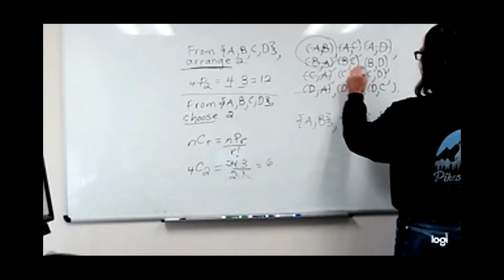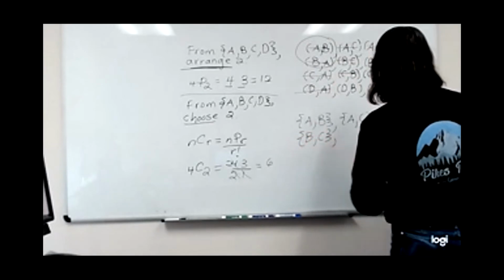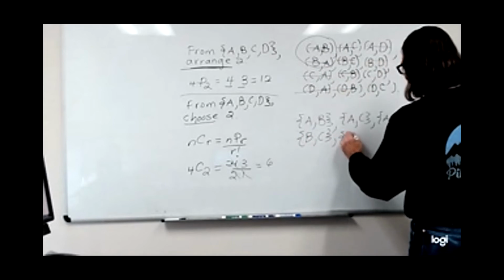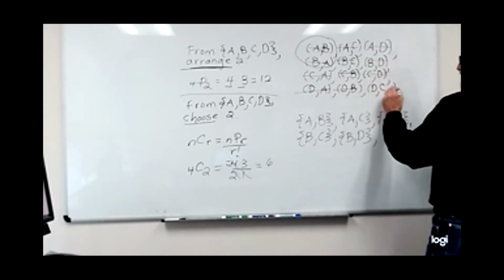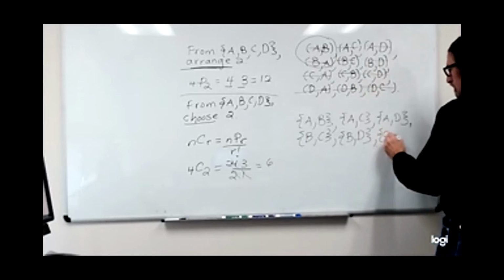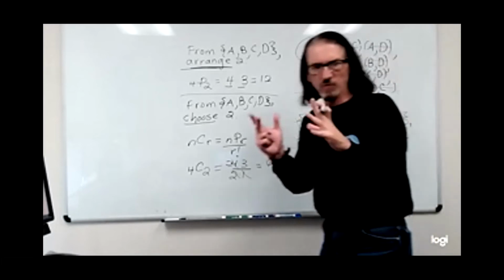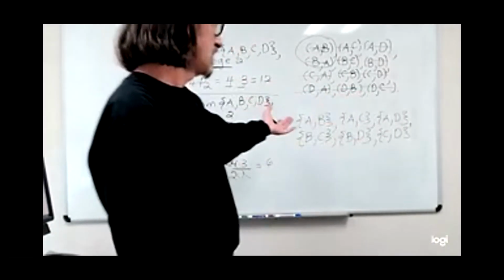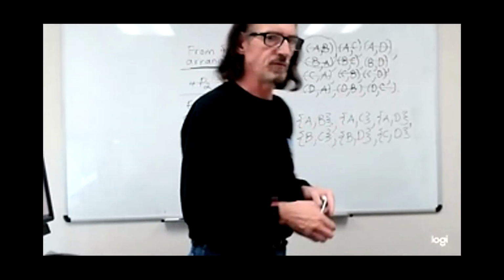BC and CB, BD and DB, same. And then CD and DC. Again, notice the use of the parentheses for the ordered pairs versus the curly braces for the unordered pairs.